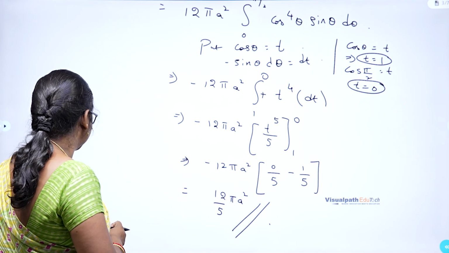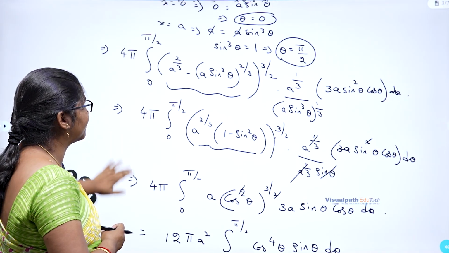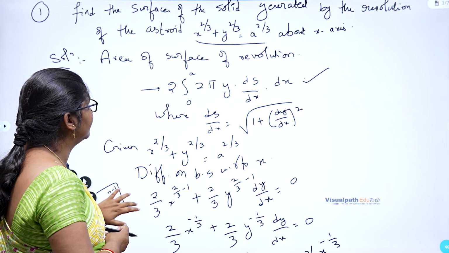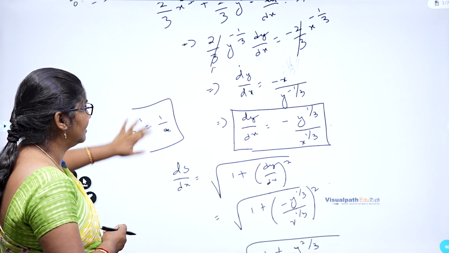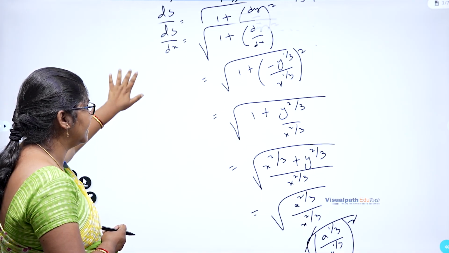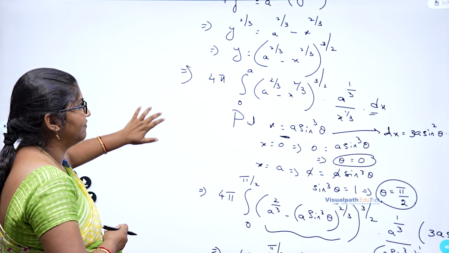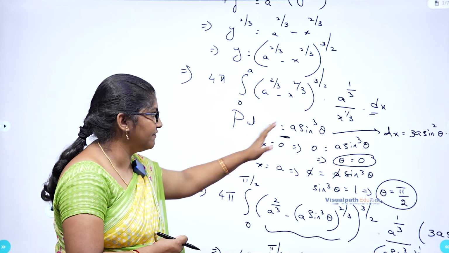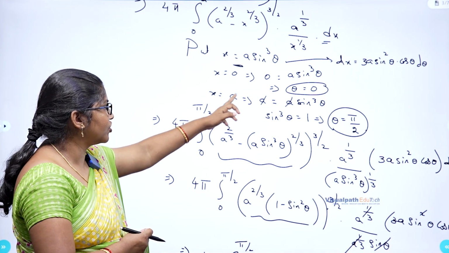Once again, you can see the complete problem, how lengthy our problem is. See, given curve will be there. I have written the formula. After that, dy by dx. After that, ds by dx. After that, substituting in the formula, we cannot do integration directly. That is the reason we are going for substitution method. After substitution, limits also will be changed.